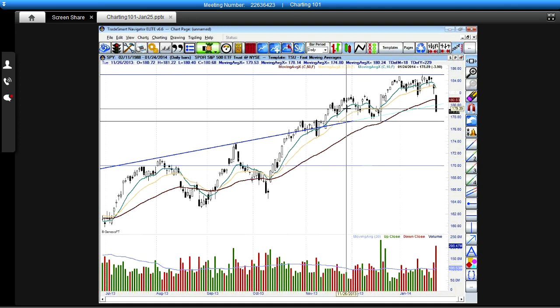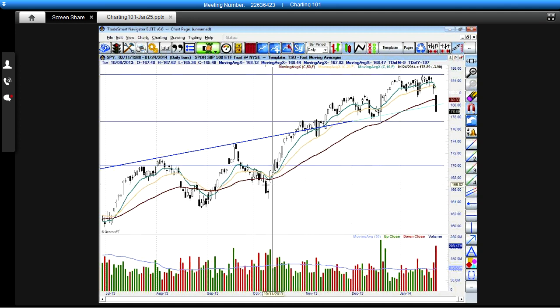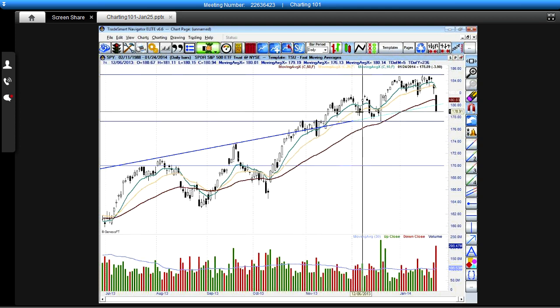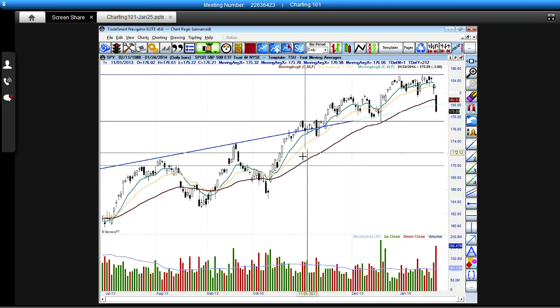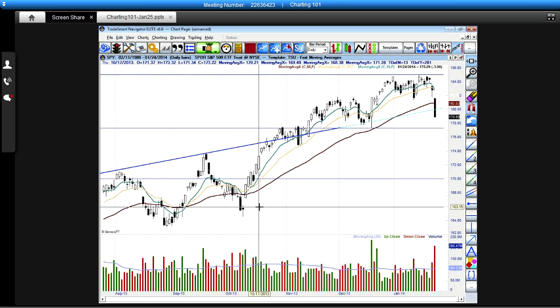And they're just drawn by this charting software for me. And you can see that it kind of goes up through the 10, but it breaks the 10 quite often. But once it gets above the 20, it doesn't break the 20 as often. So the 20 becomes a little bit stronger.